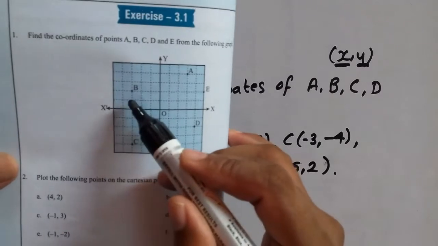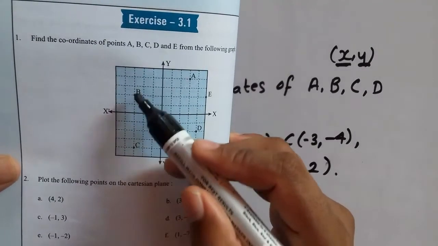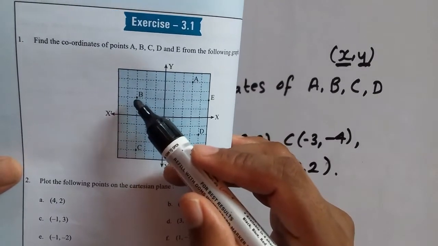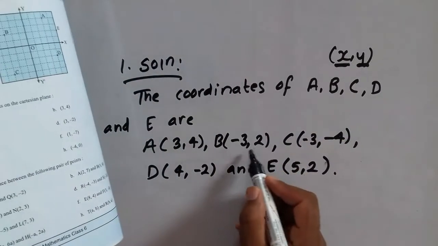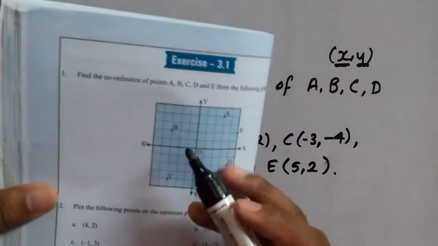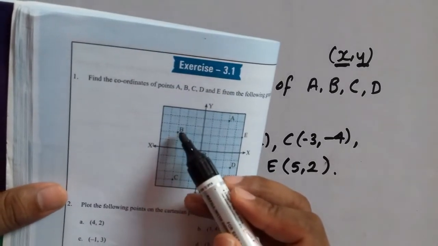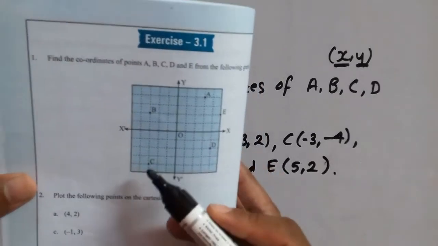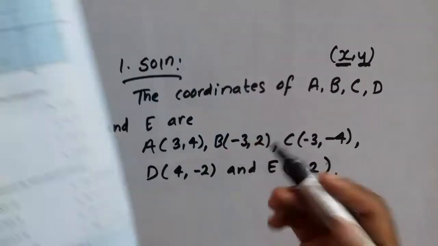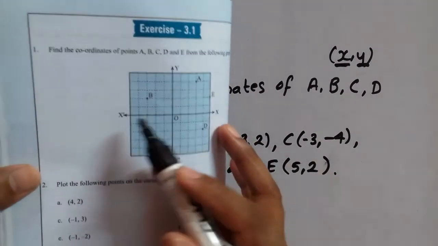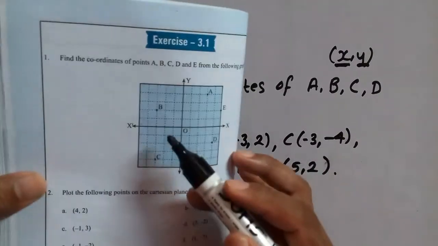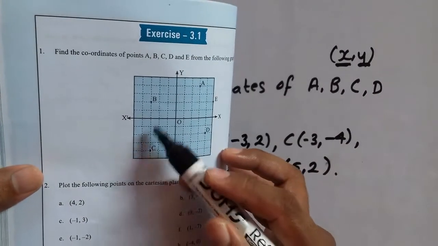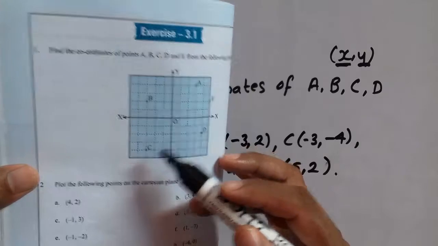Then it is moved 1 2, and above this is positive, so -3, 2 is the coordinate of this point b. Then for c, 1 2 3, same -3 towards x-axis, then -4, 1 2 3 4, -4 because it is down.